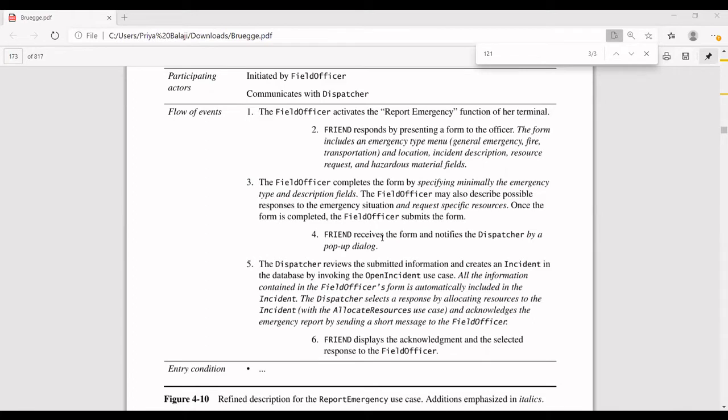But here the use case clearly says that you have to notify the dispatcher by a pop-up dialog box. So when I write the code, I will not have any confusion about how to notify the dispatcher. By seeing this I come to know I have to give a pop-up dialog box. Like that, you are giving more information to the developing team in order to reduce their work.